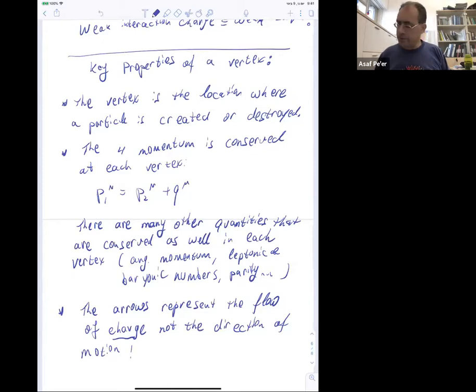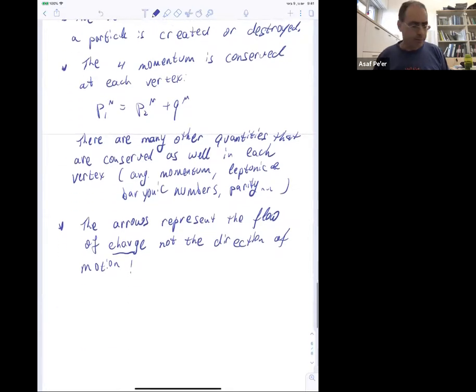If you want to discuss, for example, annihilation of an electron and positron, it will look something like that. We have an electron and a positron, but for the positron I put the arrow in the opposite direction. And then we have two photons.